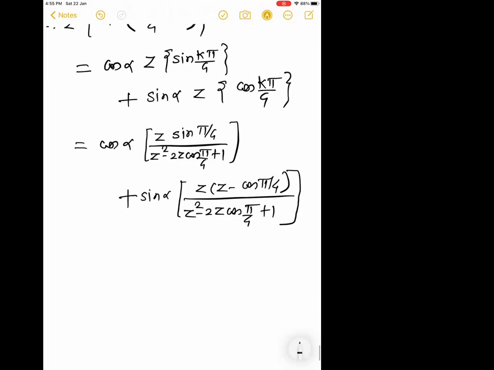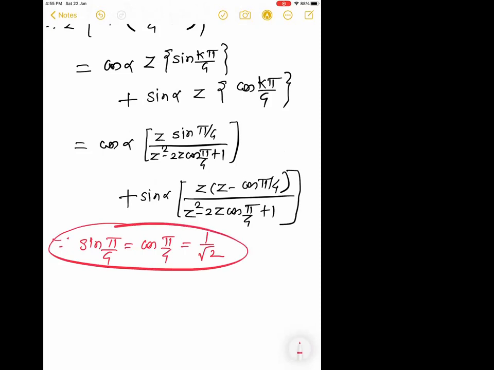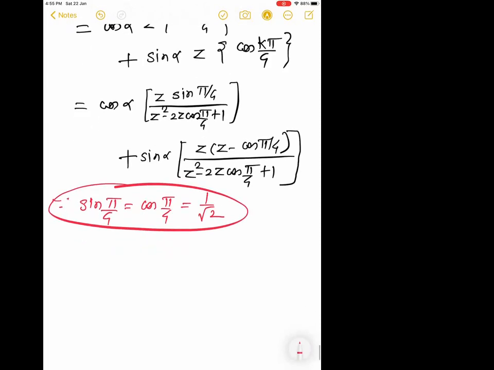What is sin pi by 4 and cos pi by 4? (45°). Now this thing is 1 upon root 2. Put it here. And that will be the final value.